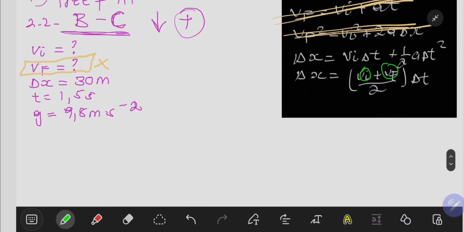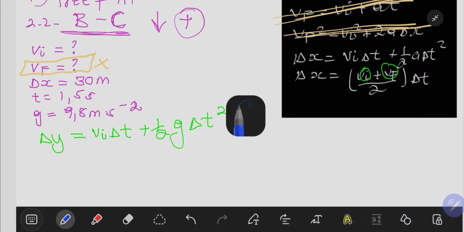So we're going to take the third equation, which says change in y is equal to V initial multiplied by change in t plus 1 over 2 multiplied by our gravitational acceleration times change in time squared.